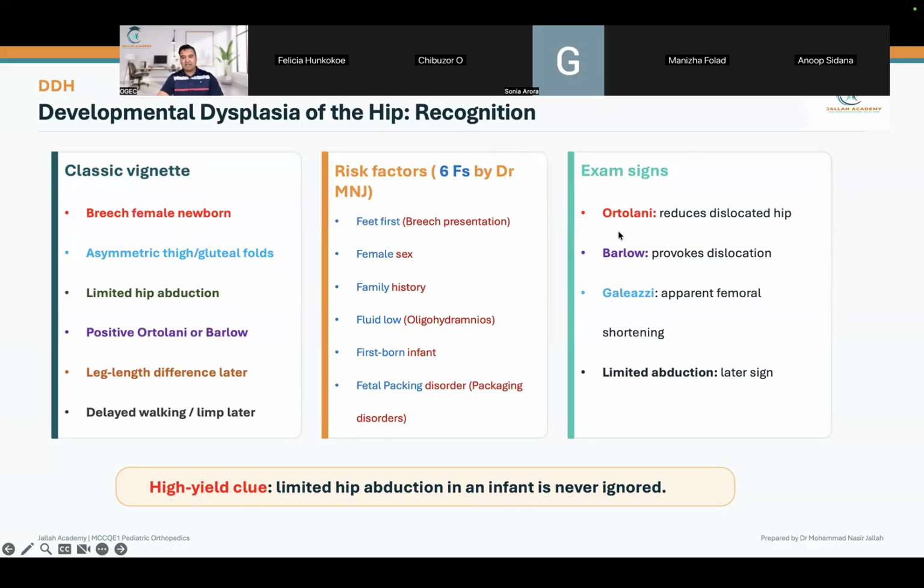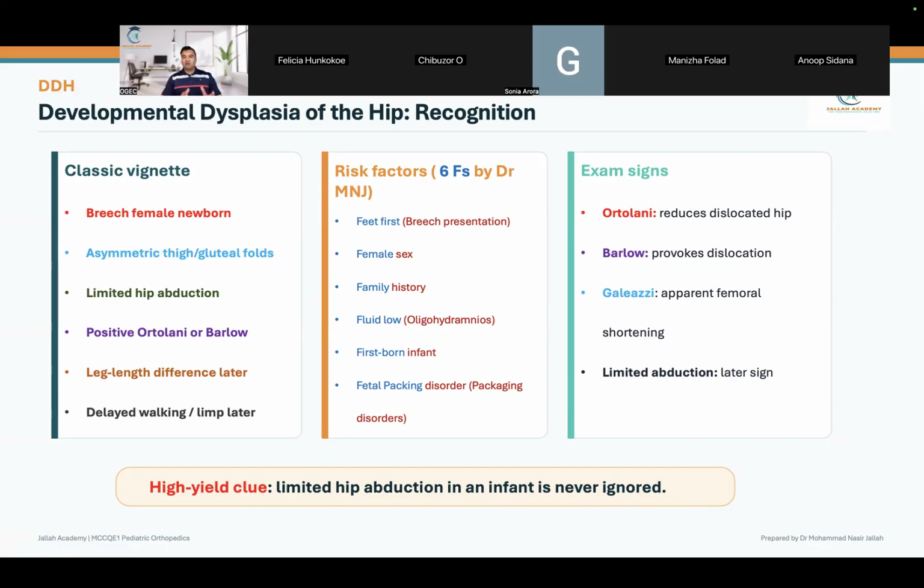Now, exam signs: Ortolani reduces the dislocated hip. Barlow provokes dislocation. Galeazzi is apparent femoral shortening, which usually is a late sign. Limited abduction, again, a later sign. High yield clue: limited hip abduction in an infant is never ignored. They might not give it, because the baby might not give you a very hard time.